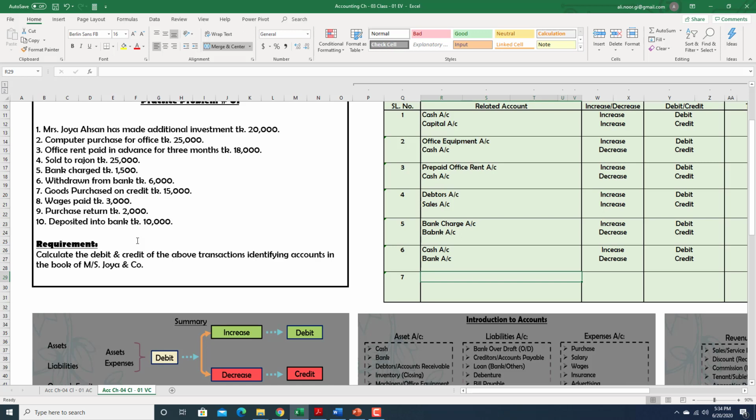And commonly we know purchase is an expense account. So we have to write here purchase account and creditors account. For purchasing on credit, we have to write creditors account.